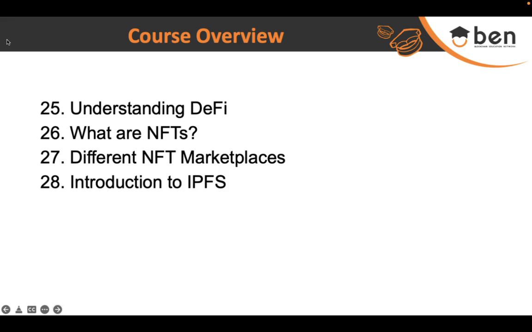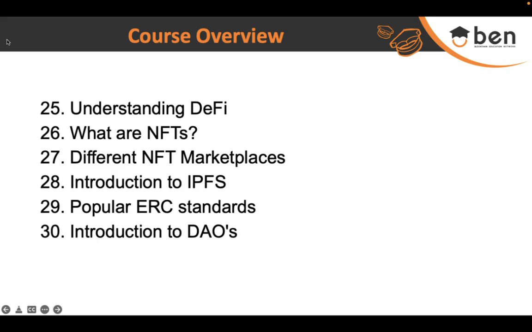Then we are going to discuss something known as IPFS, the Interplanetary File System. So we are going to see how we store our data on IPFS, what exactly it is. We are also going to discuss some popular ERC standards. So ERC 20, ERC 721, and other famous ERC standards. What all do they provide us, and everything about that.